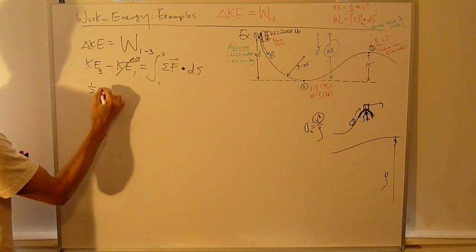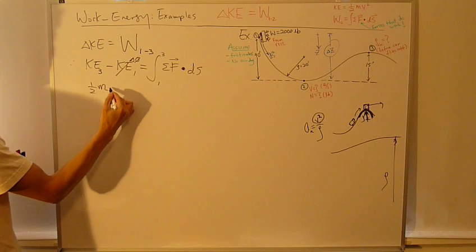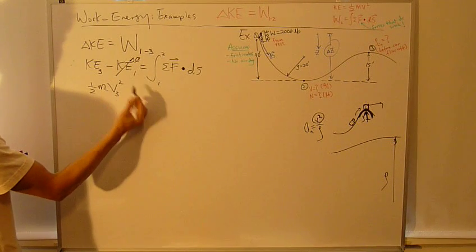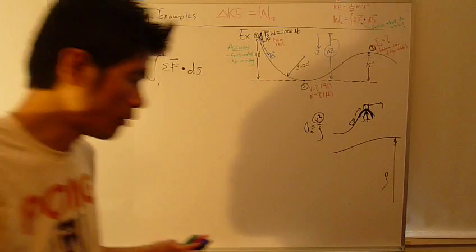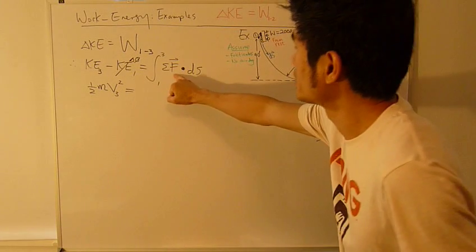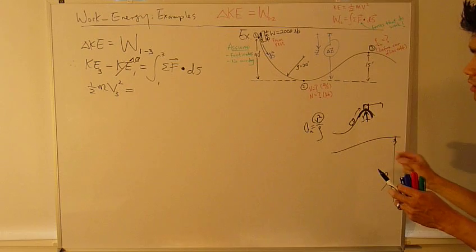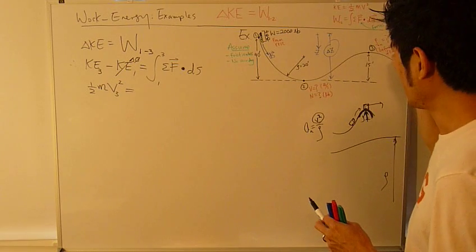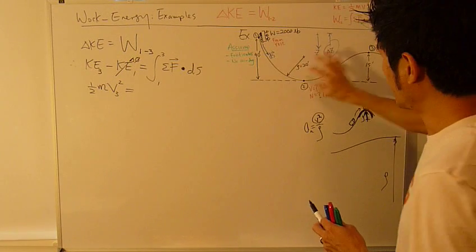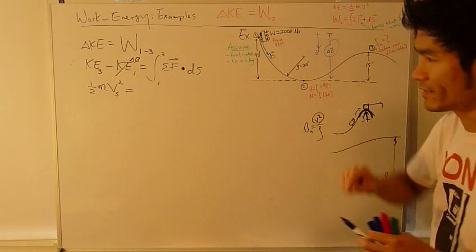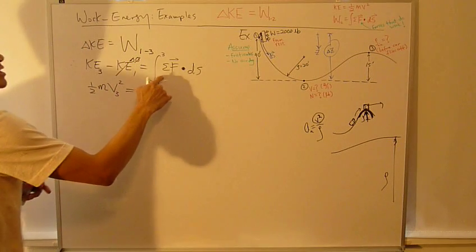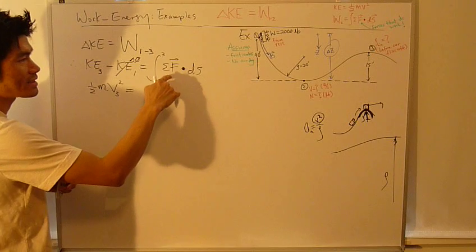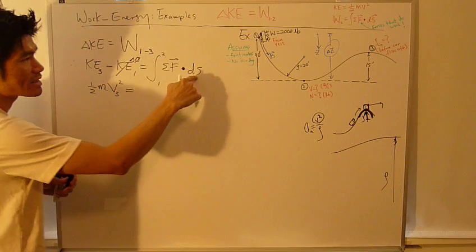So the only term to survive on the left-hand side is 1/2 m v3 squared. On the right-hand side, the only force that does work going from 1 to 3 is the weight vector. So take the dot product between the weight and the change of position ds vector.